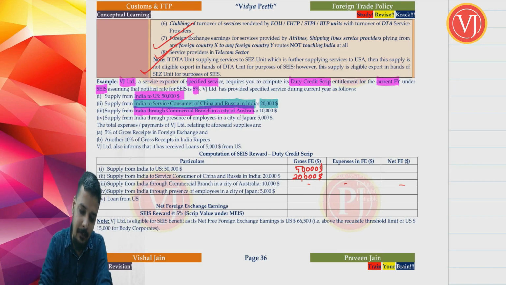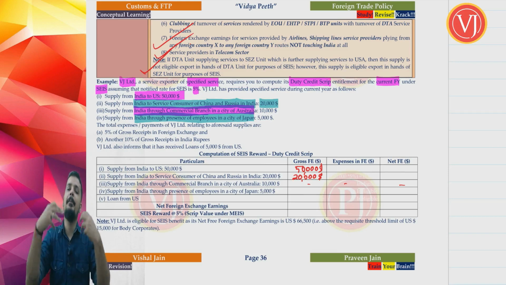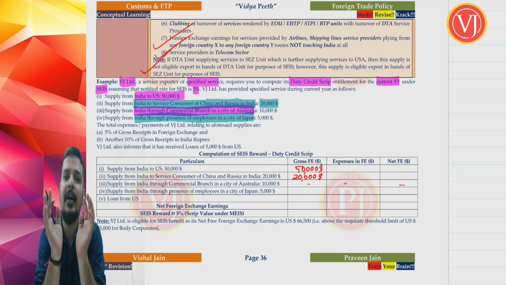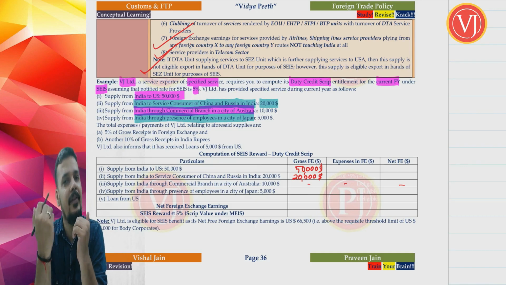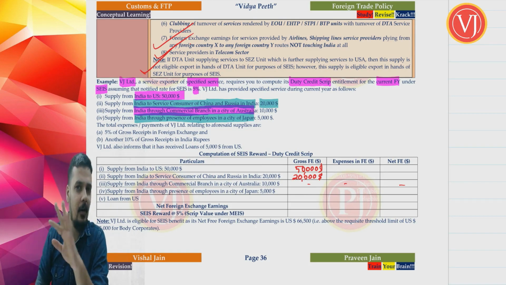Now supply from India through presence of employees in a city of Japan, even that we have discussed. The employees are sitting in Japan and that remittance we are not going to count. Why? The employees are permanently sitting in Japan and providing services to Japan. See, whether you have a branch in Australia or permanent employees in Japan, it means one and the same. If you have a branch in Australia and you are providing service to an Australian client, your physical presence is there, that will not be counted.